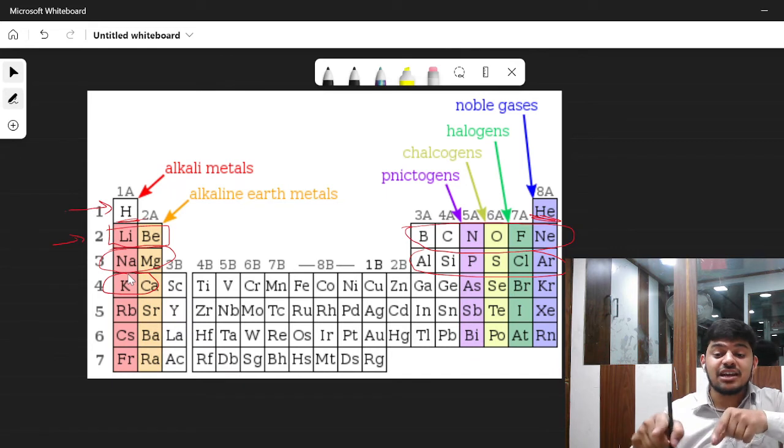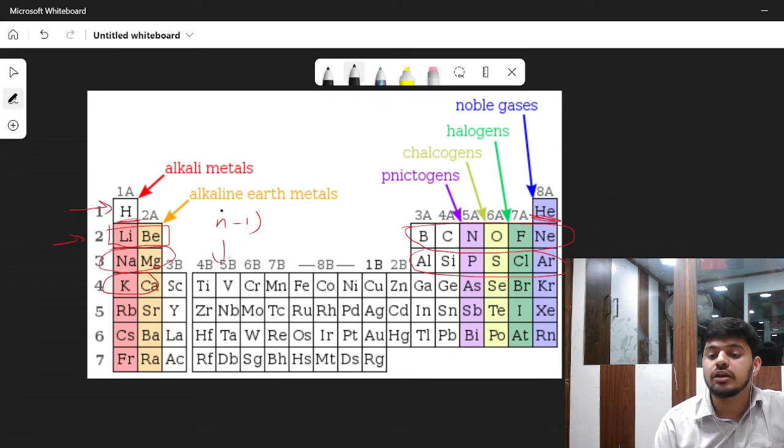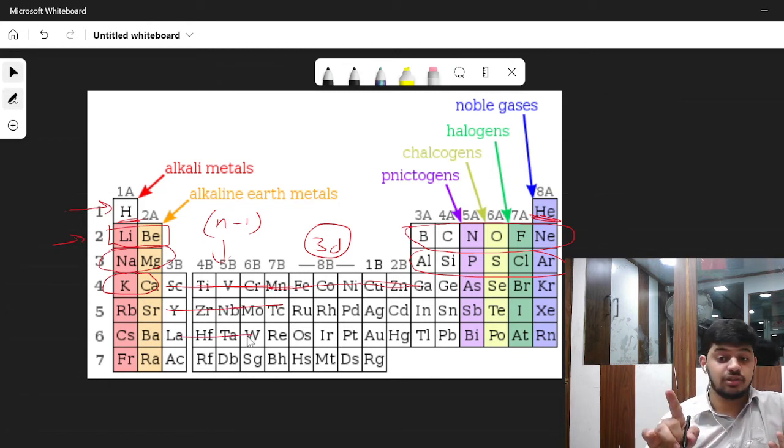And then after 4s, who will come? 3d. So that's why this d is always n minus 1. It should be the fourth, but no, it is the 3. So this line is always 3d. This one is 4d and this one is 5d and so on. That's why it is like this.